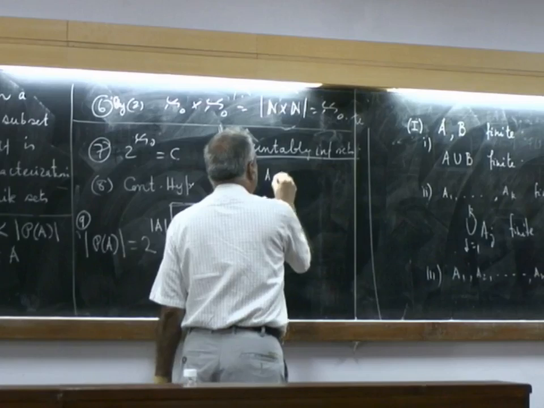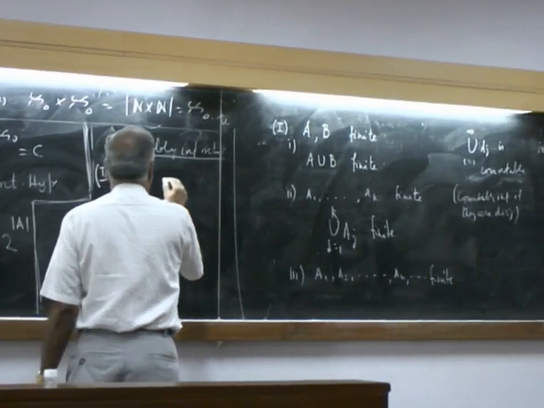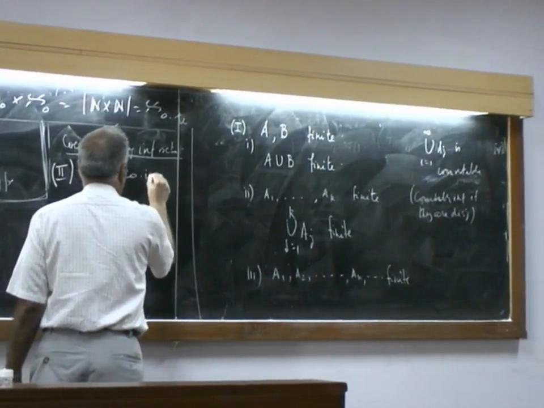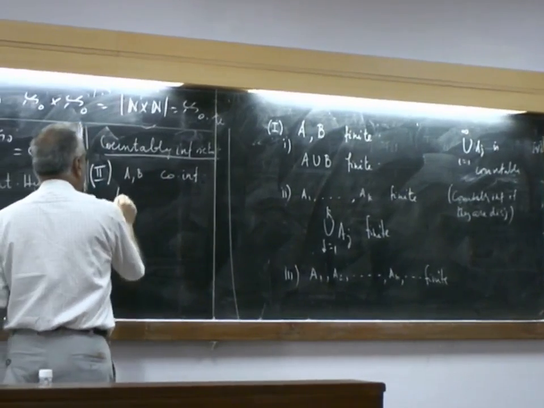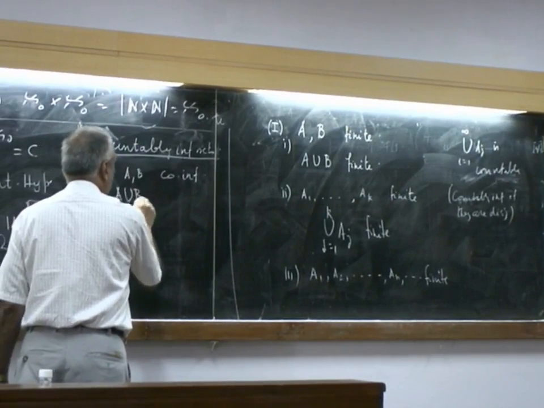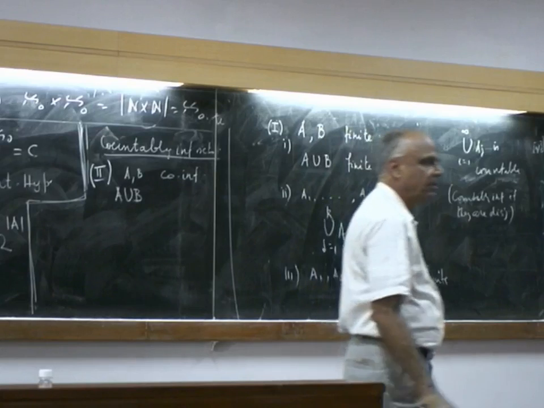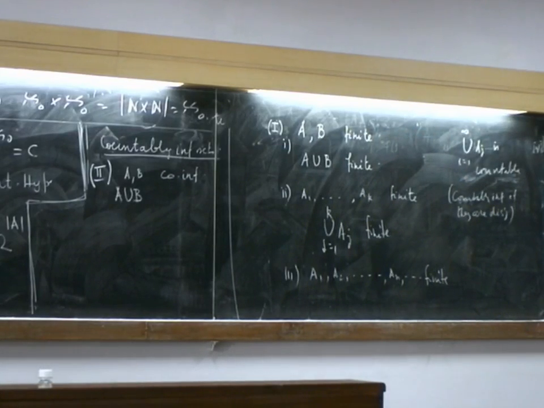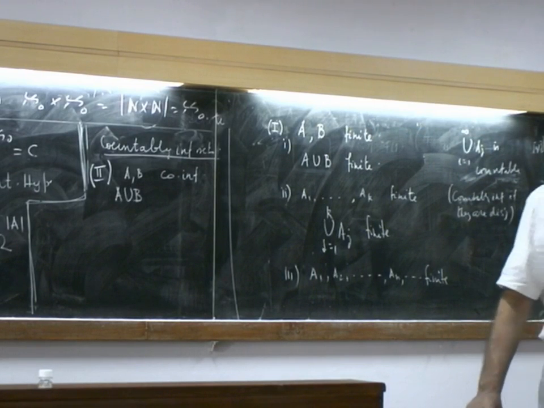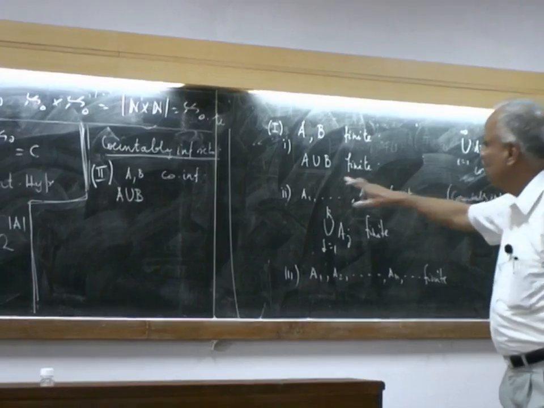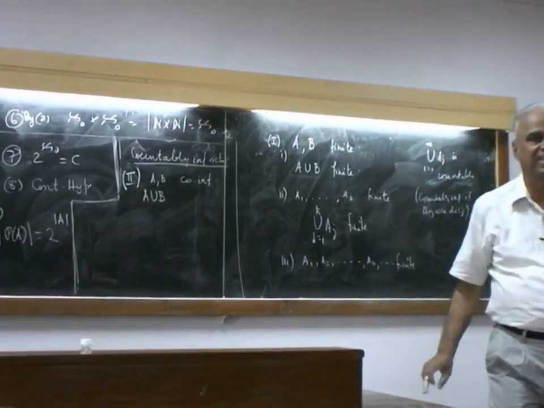Suppose A, B are countably infinite. What can I say about A union B? Can it be finite? Already both of them are countably infinite.